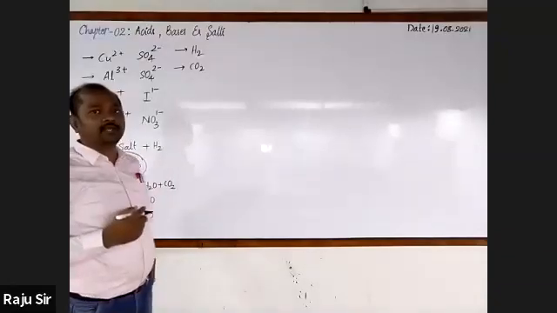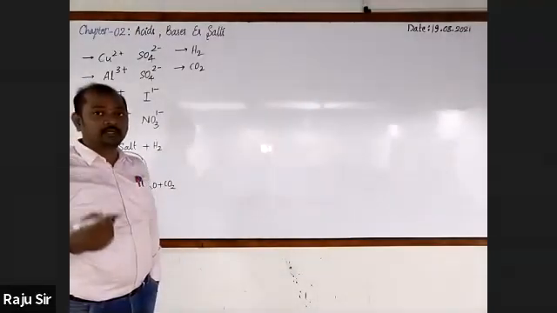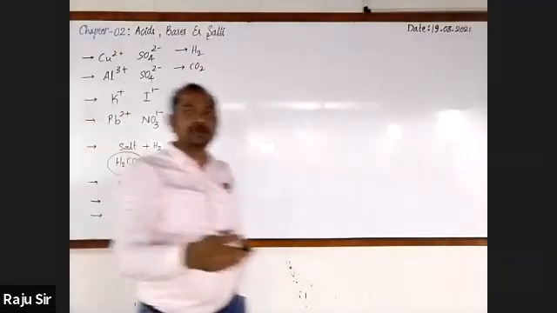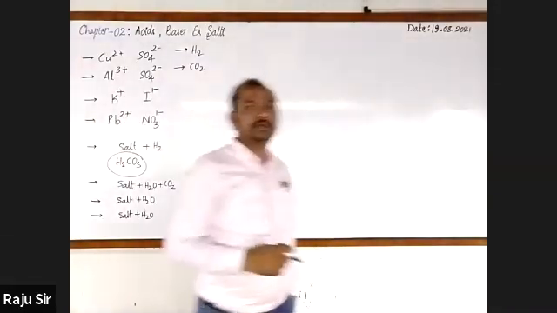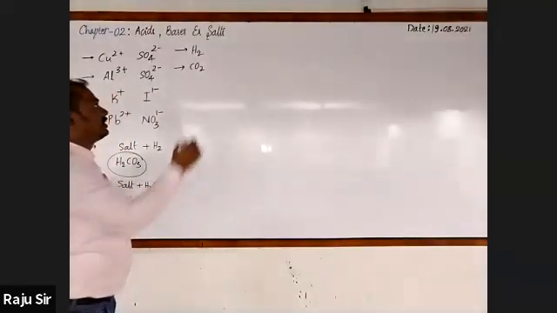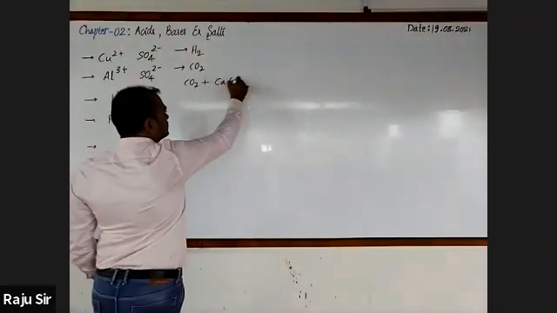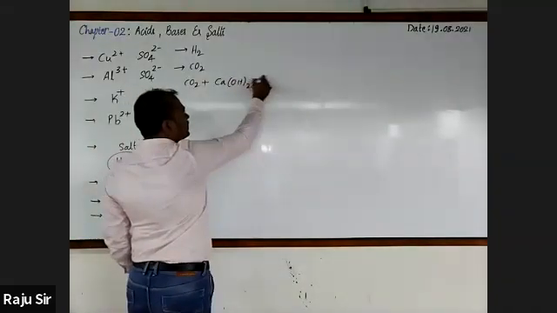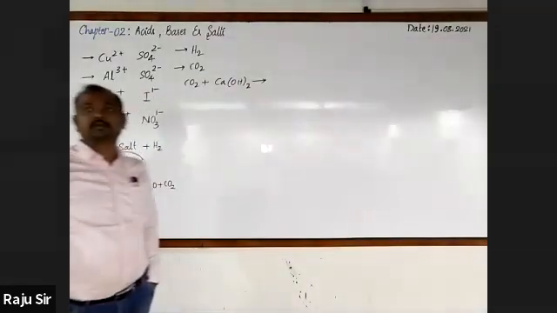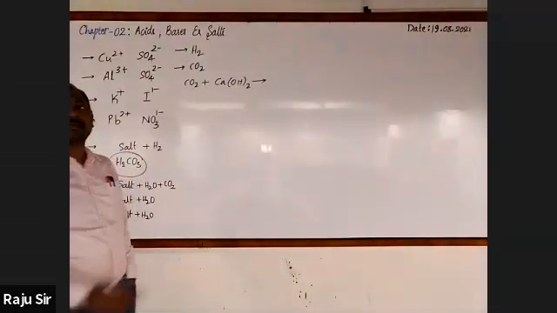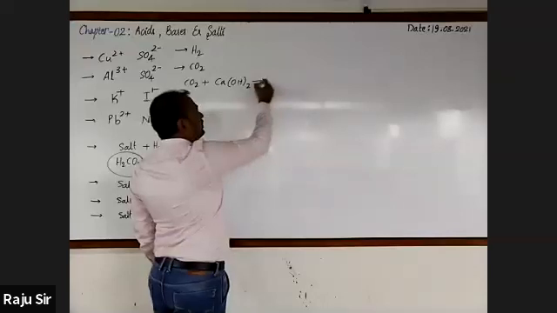Could you tell the chemical equation when carbon dioxide is passed into calcium hydroxide? Carbon dioxide is passed into the lime water, that is calcium hydroxide solution, giving calcium carbonate plus water.